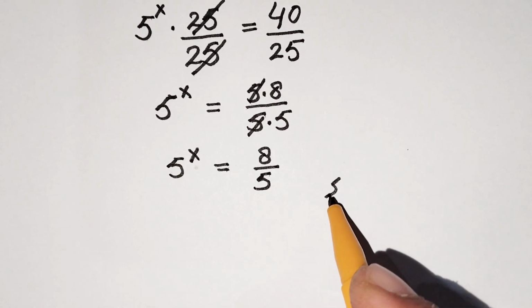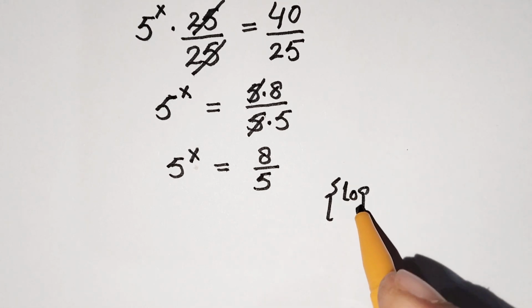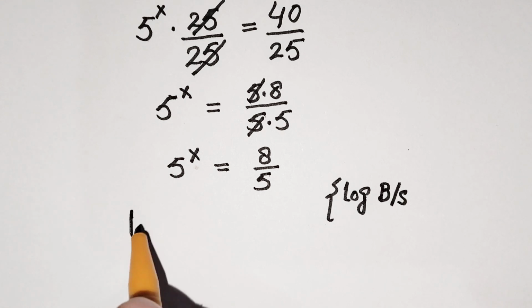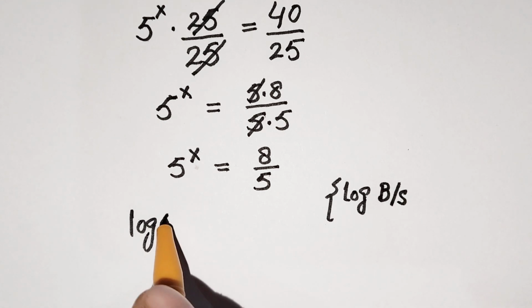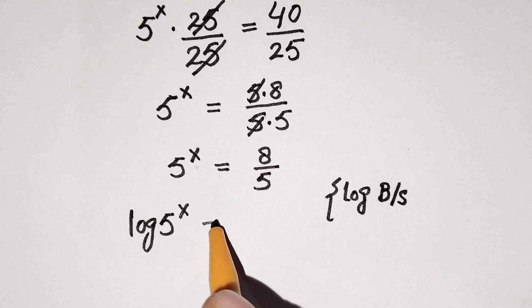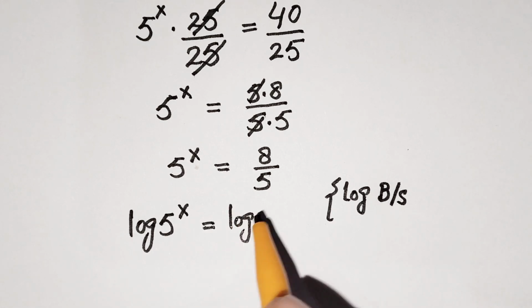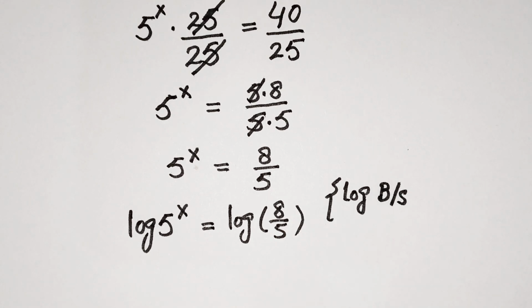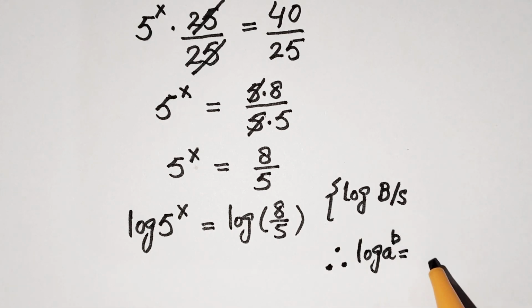So taking log on both sides, we get log 5 raised to the power x is equal to log of 8 over 5. Now we are going to use the logarithm law that if we have log a raised to the power b, then we can write it as b log a.